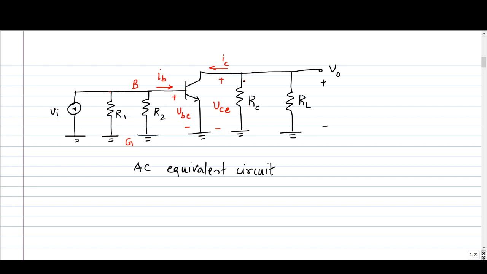The output voltage is across collector to ground, across RL. So this is the AC equivalent circuit of the common emitter amplifier, and I have marked all the voltages and currents. This is the AC base current, small ib, this is the AC base emitter voltage, small vb, this is the AC collector to emitter voltage, small vc, and the AC collector current is small ic.